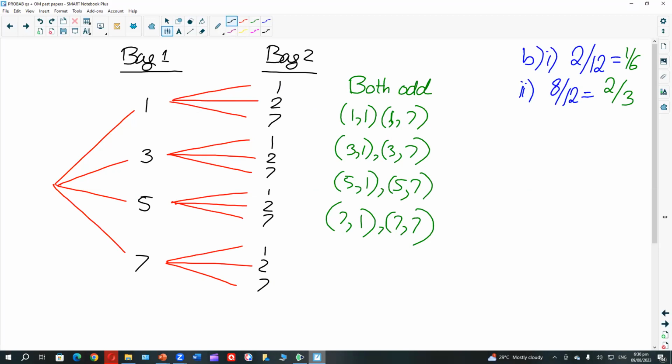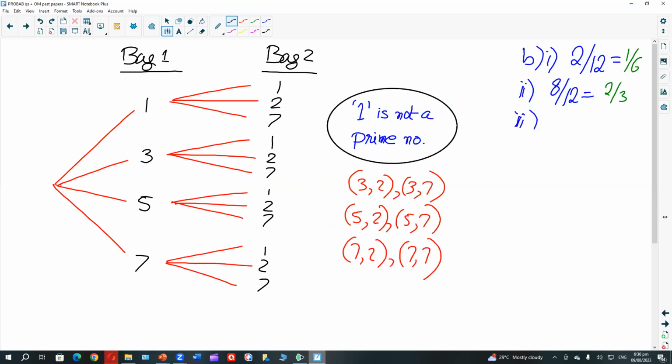Prime numbers are numbers that can only be divided by itself and 1. Yes, good. One is not a prime number. Now I have made the pairs of prime numbers. Look at the table, verify the numbers, and then count, then copy the brackets. Remember, one is not a prime number.